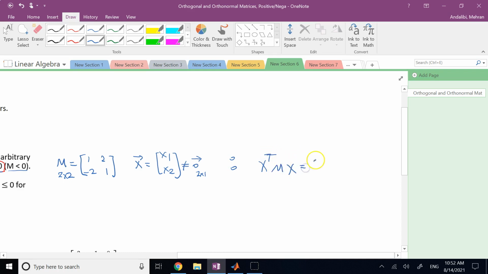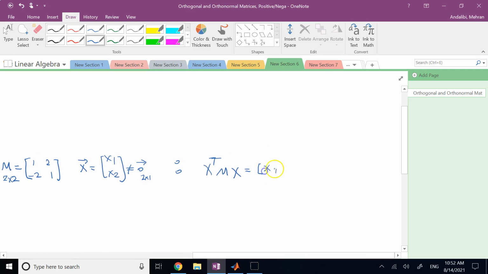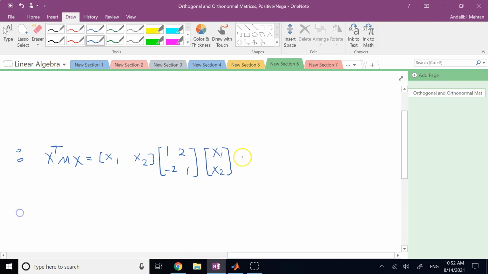Well, it is going to be x1, x2 as a row vector times M, which is [1, 2; -2, 1], and then times X. If I continue and calculate the product of M and X, the result is going to be 1x1 plus 2x2, and then negative 2x1 plus x2.